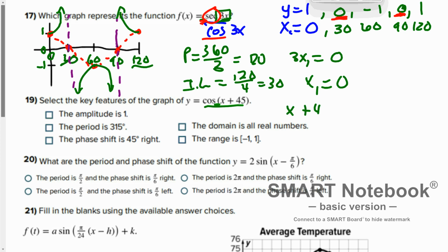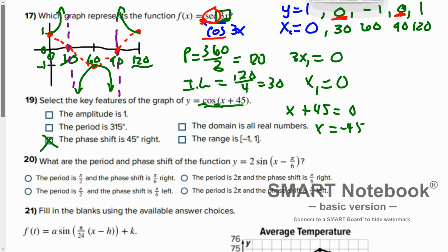So x plus 45 equal to 0, and solving for x gives negative 45. So what makes this 0 is negative 45. This says phase shift right is 45 degrees. That's not true, because it's actually going to be left 45 degrees.